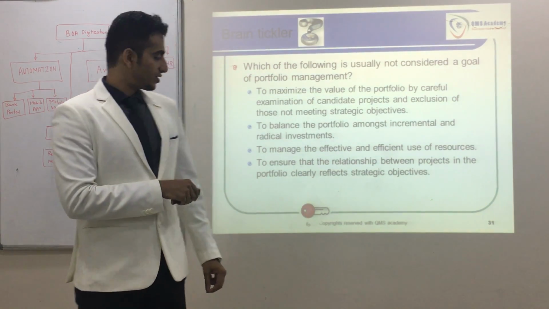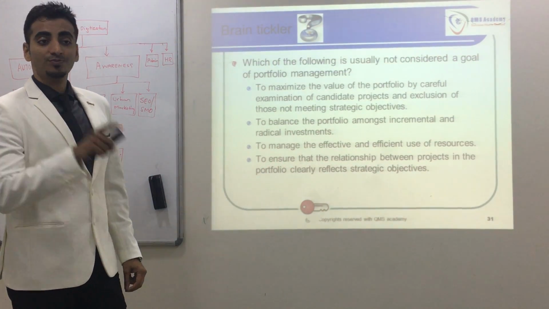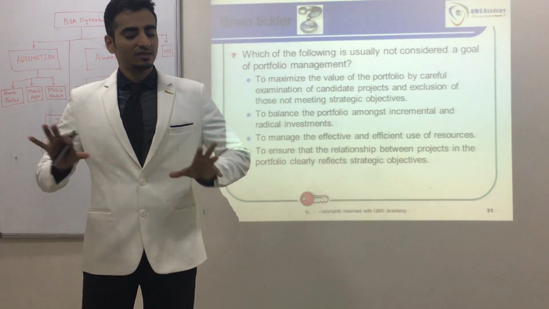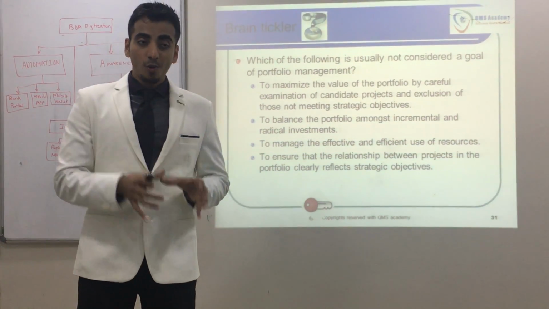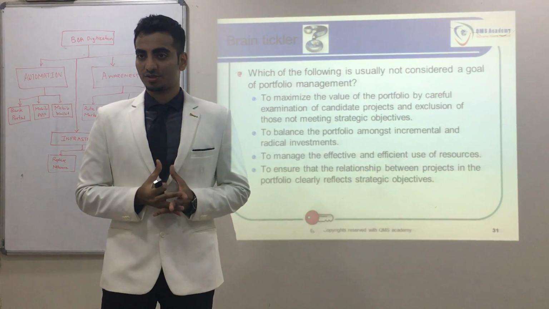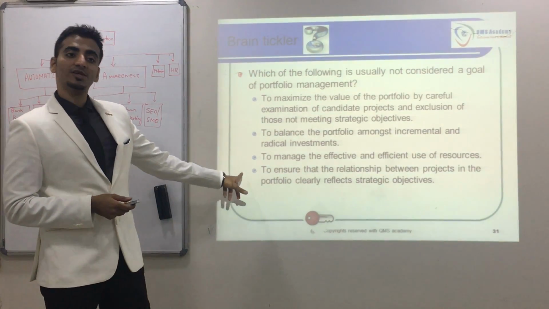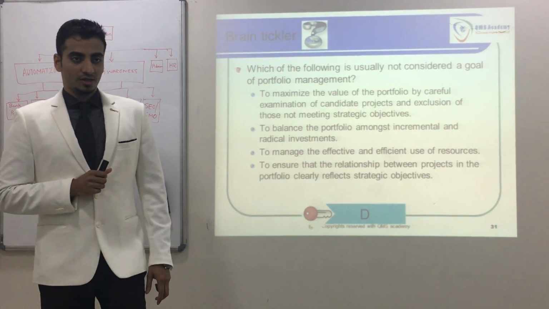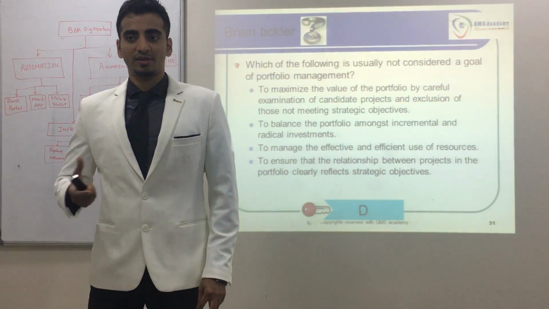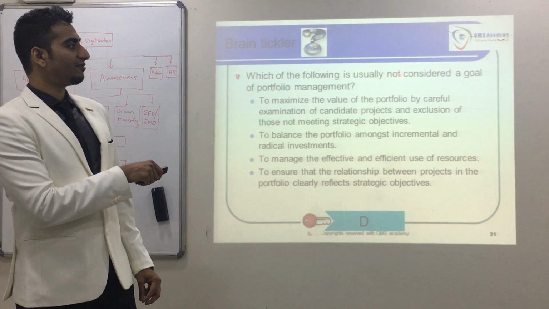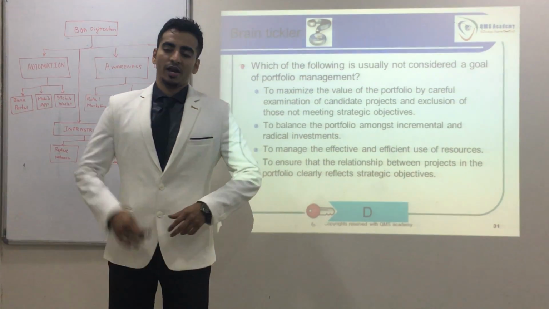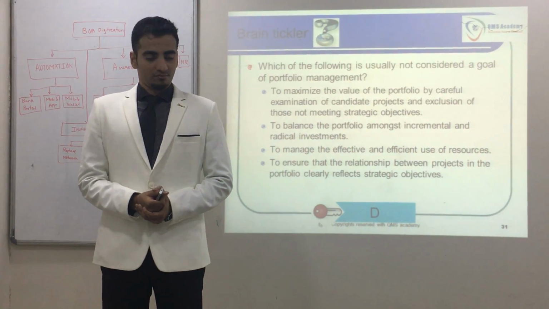But here they have mentioned portfolio, because portfolio is not a collection of related projects. It is just a collection of programs. And program is a collection of related projects. So what is the right answer here? The right answer is option number D. So the answer which is wrong is the right answer, because in the question I have "not". So is this clear? So now let's move towards the next chapter.